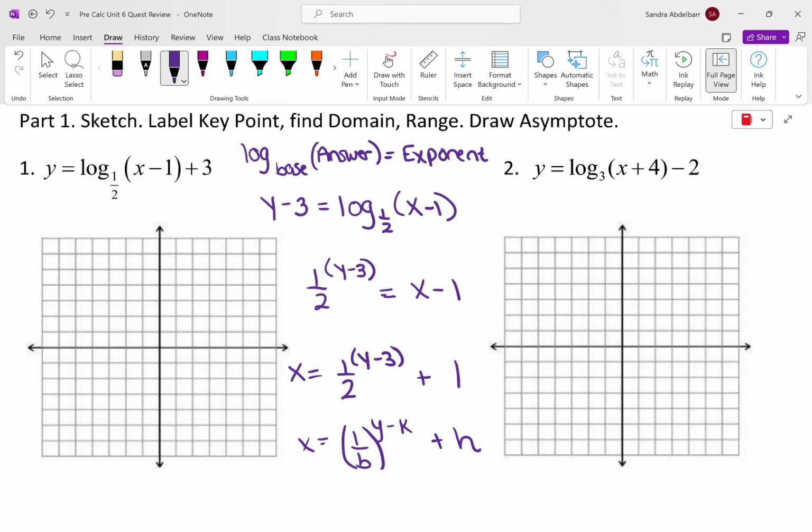It's switched now. It used to be 0, 1, now it's 1, 0. But I'm going to have to shift that key point. So the key point of the parent graph is 1, 0, but now I'm shifting it. So I'm going to shift it 3 units where? Up, down, left, or right?